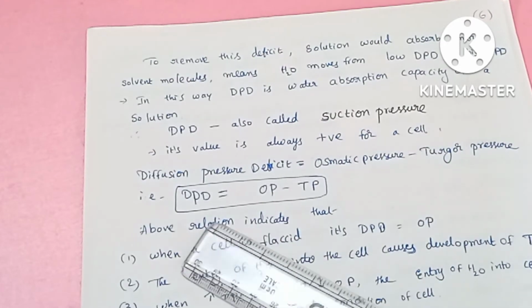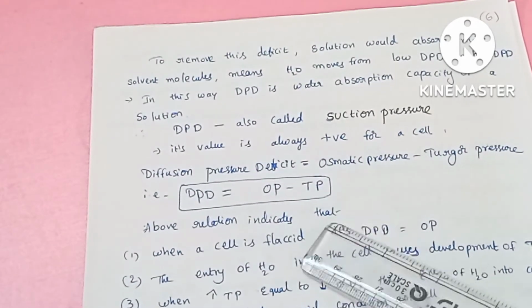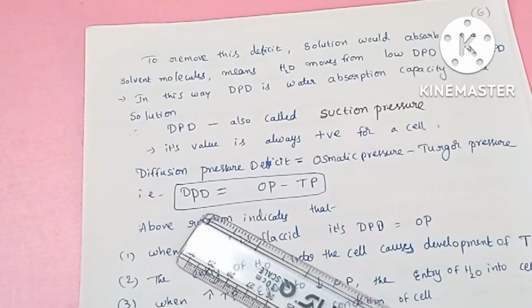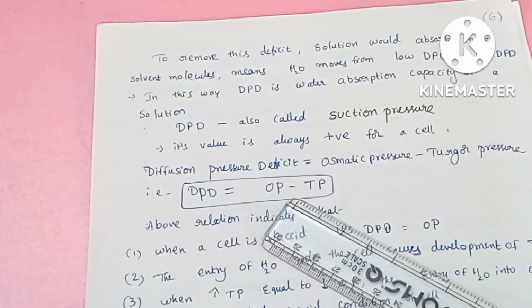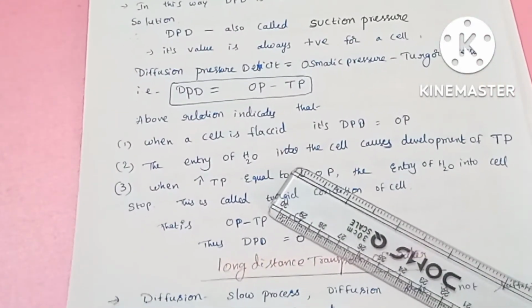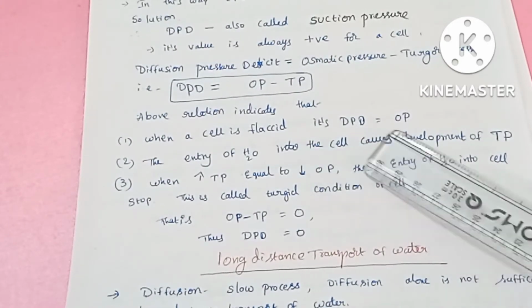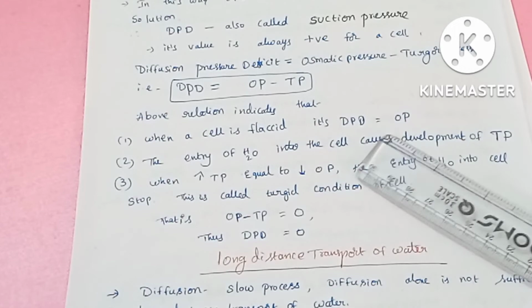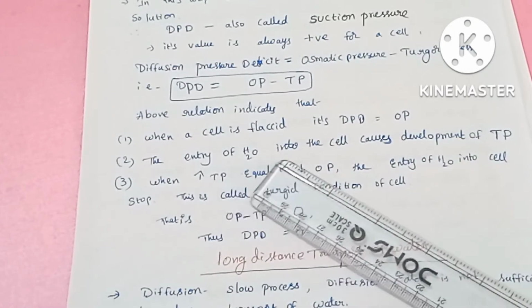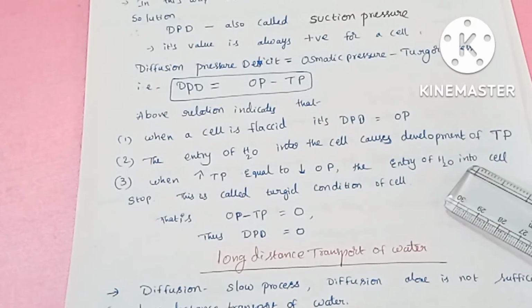The equation is: diffusion pressure deficit is equal to the osmotic pressure minus turgor pressure. What does it mean? When a cell is in flaccid condition, flaccid meaning normal, the diffusion pressure deficit is equal to the osmotic pressure. But the entry of water into the cell causes an increase in the turgor pressure.